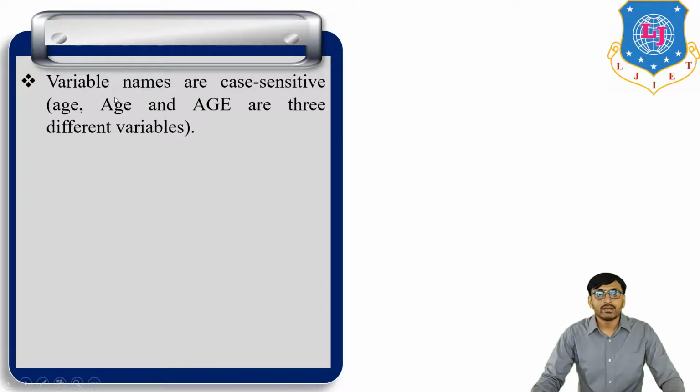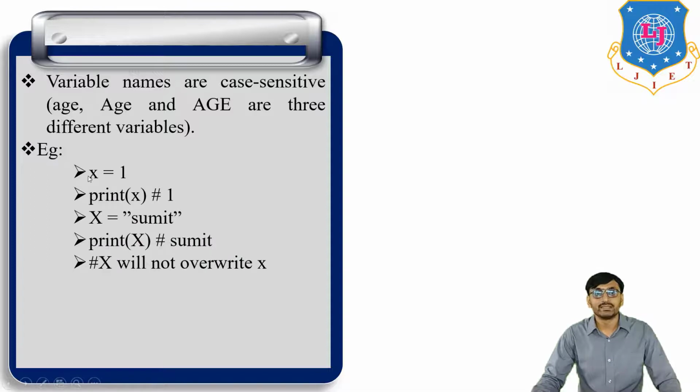Then variable names are case sensitive. It means lowercase and uppercase have different values. So this age, this Age and this AGE are three different variables. They contain different values. So for example, x = 1, and if we print x, this is small x, the output is 1.